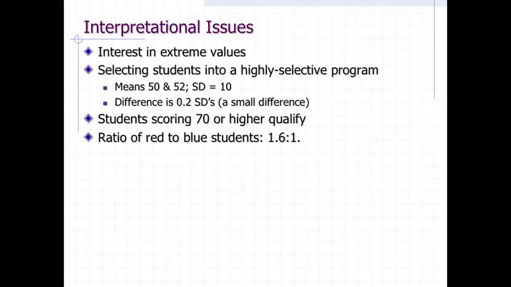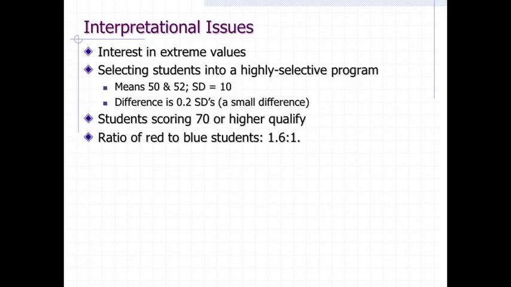Now assume that only students who scored 70 or higher would be selected for the program. Would there be a big difference between the proportion of blue and red students who would be able to be accepted into the program? It turns out that the proportion of red students who qualify is 0.036. The proportion for the blue students is 0.023.